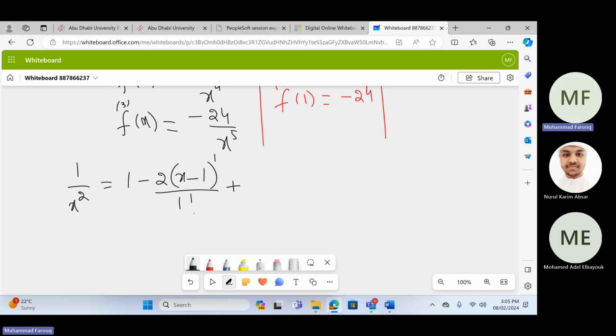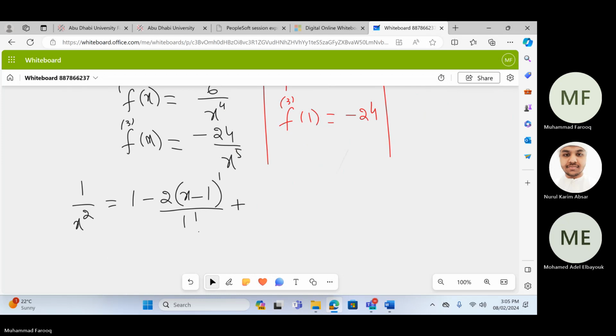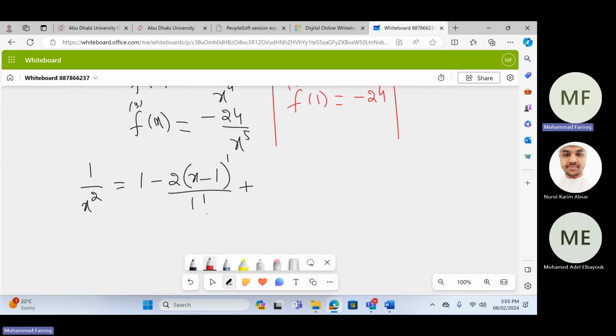Plus the second derivative, 6 times (x minus 1) power 2 divided by 2 factorial. Then plus third derivative, it's negative: negative 24 times (x minus 1) power 3 over 3 factorial, and plus, it continues because it is an infinite series.